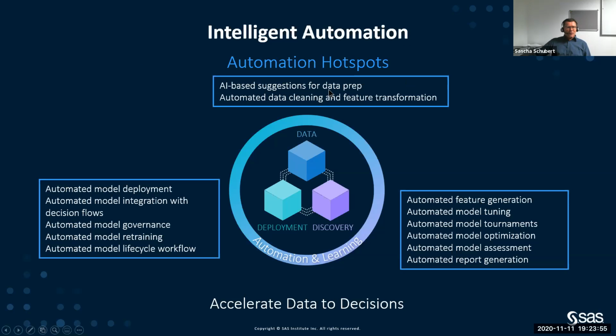So I talked about the data preparation already. I talked about the model development already, but here on the left-hand side, these are all areas that we're working on for the model deployment part. So once I have built my model, I can maybe push a button or trigger a process that automatically puts my model into my business application, into my business process.